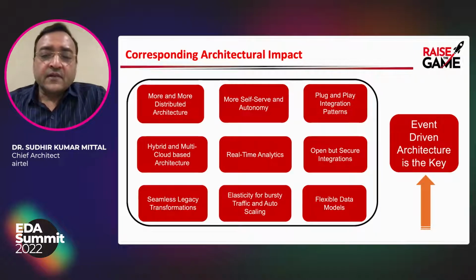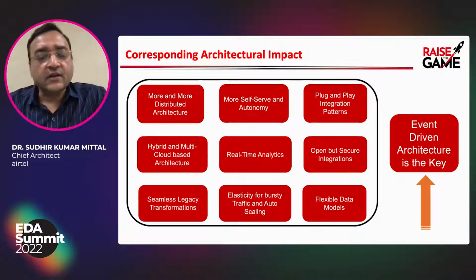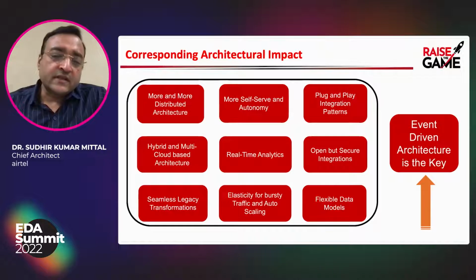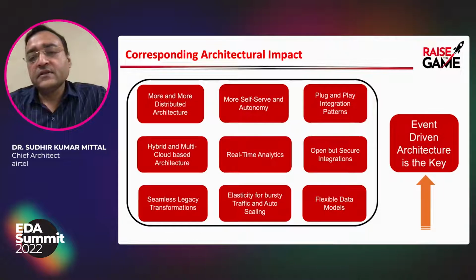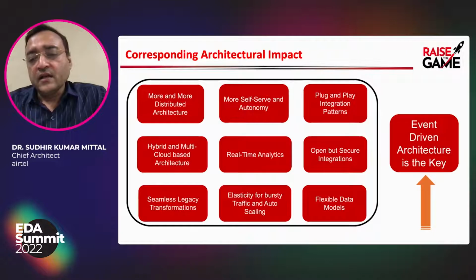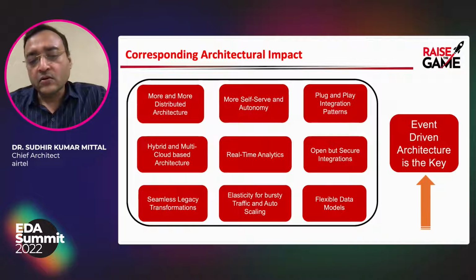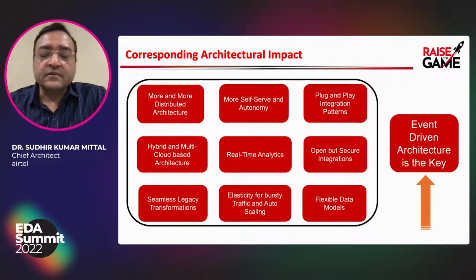At the same time, we also have to think about flexible data models, where very rigid integrations are not going to work. The events will have their own data structure, and the code for processing those events, or the framework in which the events are handled, is not to be coded again and again. So we have to operate in a low code or no code scenario with flexible data models.